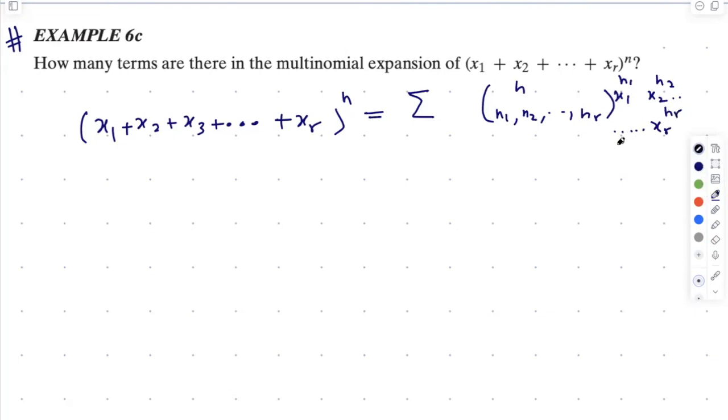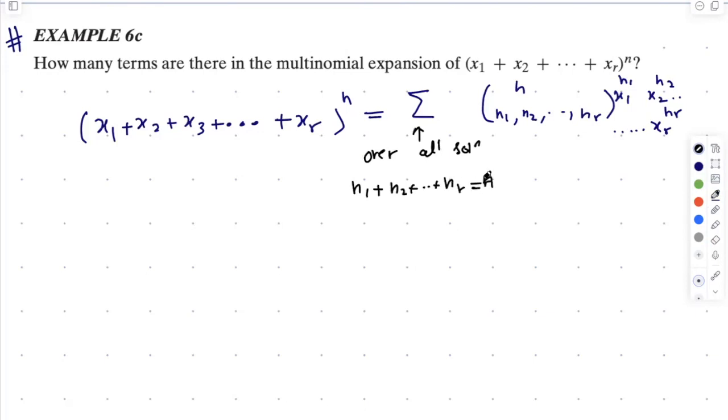So this is going to be the sum of this. What does this sum represent? The sum is over all solutions of n1 + n2 + ... + nr = n.